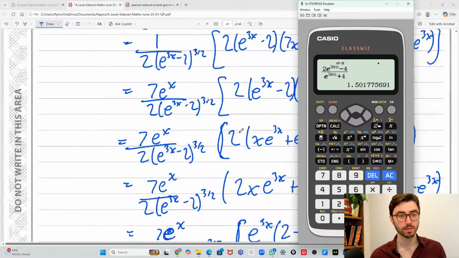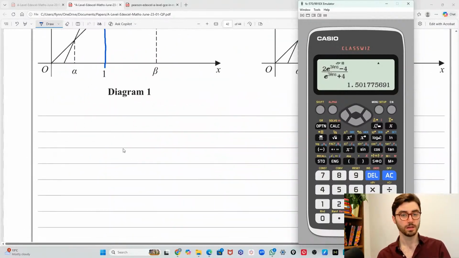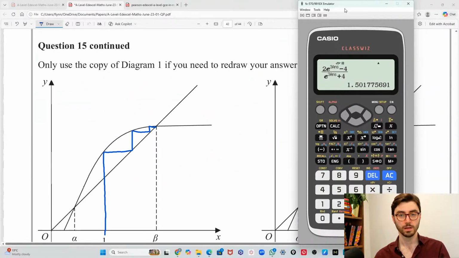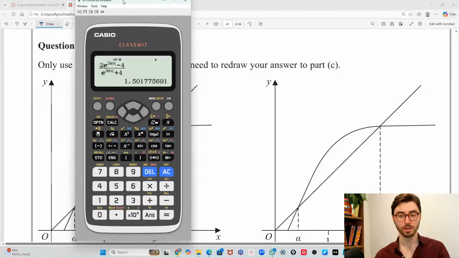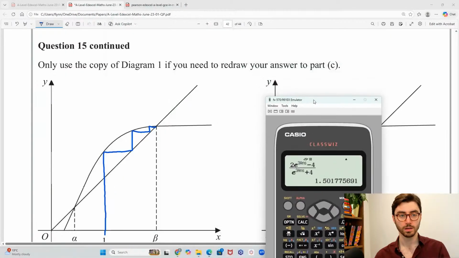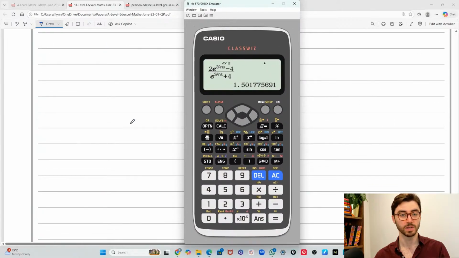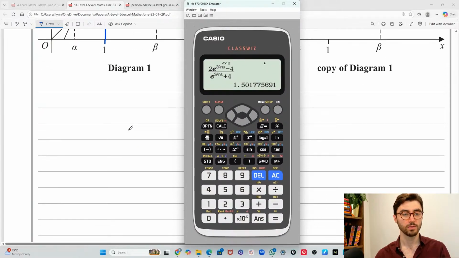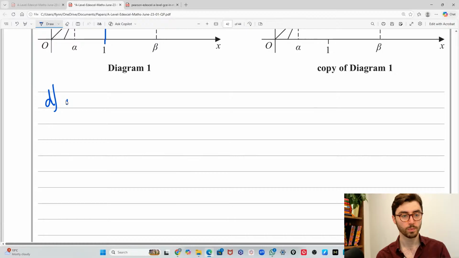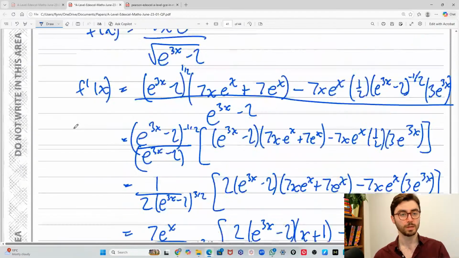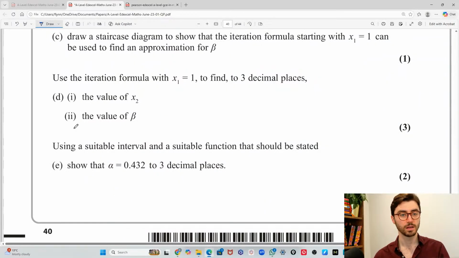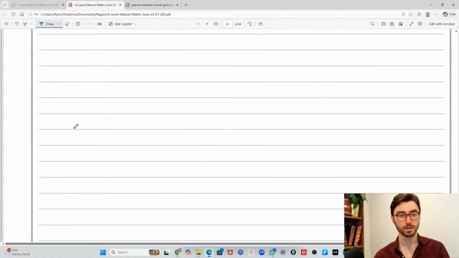So here, let me scroll down. Only use a copy if you need to redraw your answer. Okay, cool, I don't need to redraw. So for part D, 1, we needed to find the value of x2.